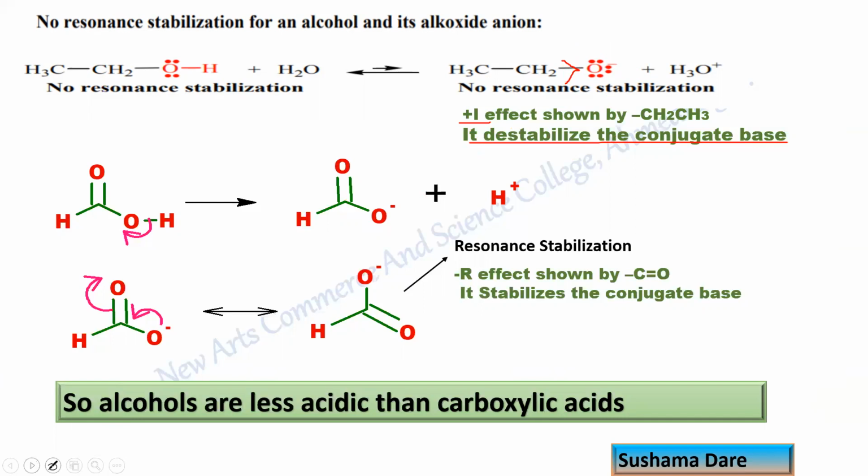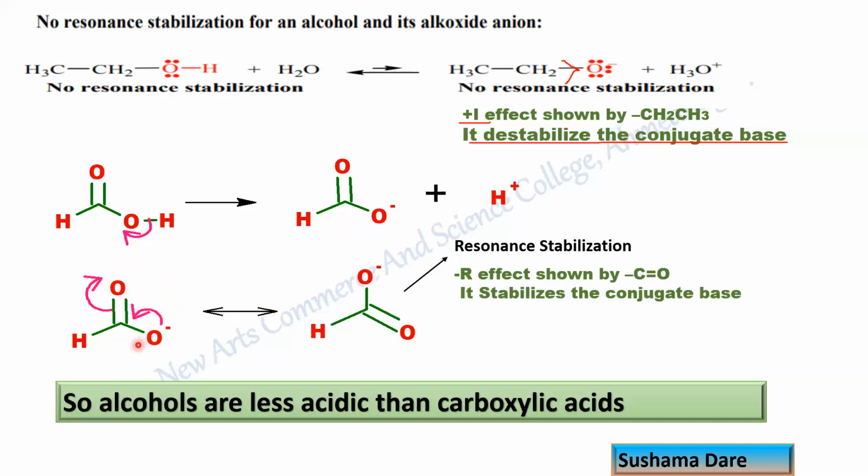But what happens in the next case? That is not possible in this case, because here there is a carbonyl. Because of the presence of the carbonyl group, there is an electron withdrawing resonance effect, and there is a distribution of negative charge from one oxygen to another oxygen. We call it delocalization of the charge.